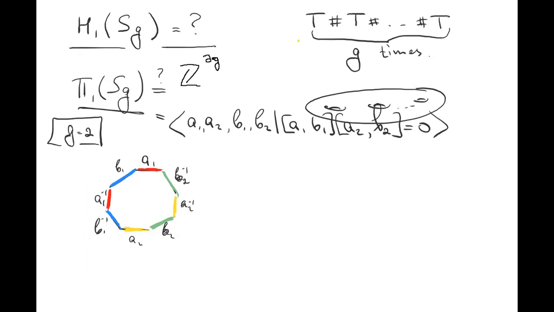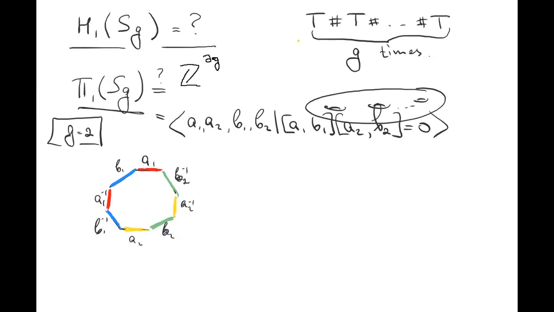Well, this is just the consequence of the Seifert-van Kampen theorem. You have the generators which correspond to the 1-cells and the relations which correspond to words on the 1-cells of your cellular complex.